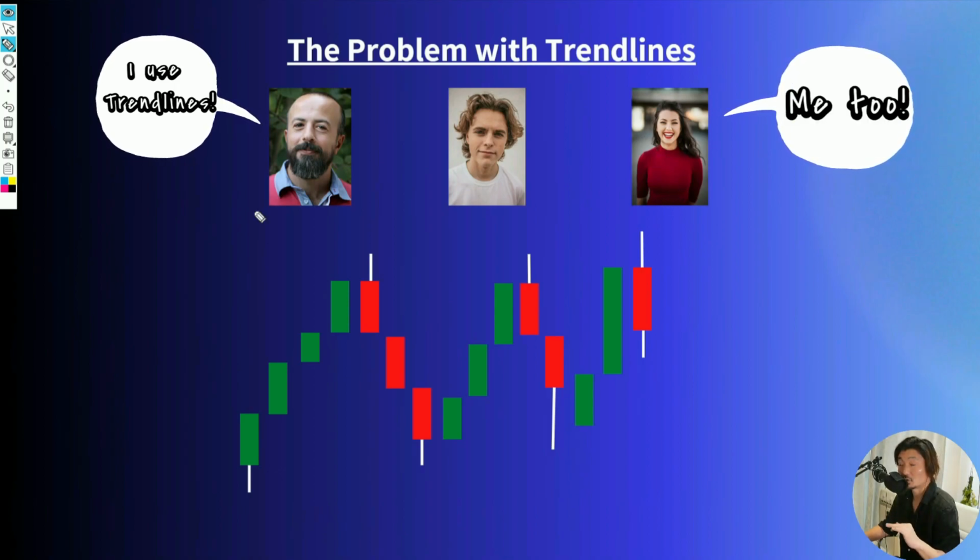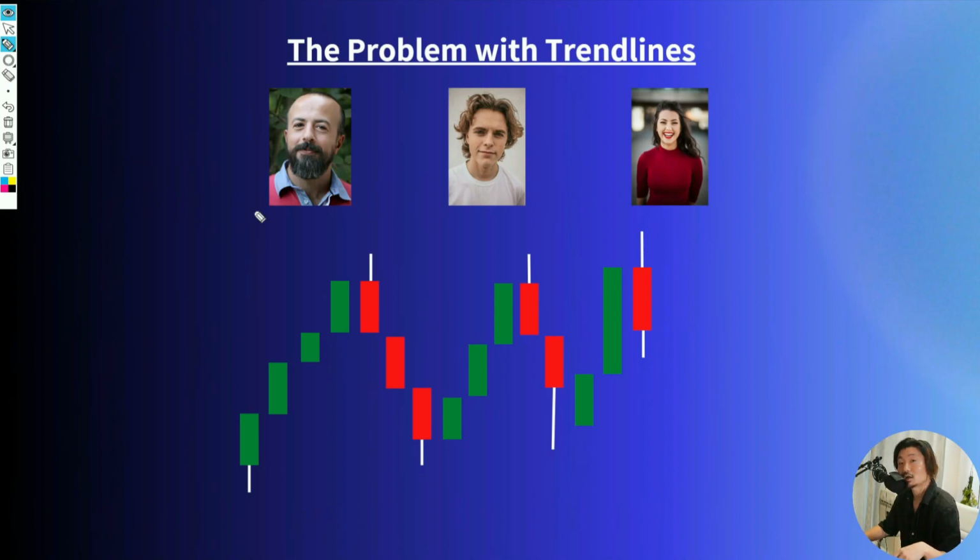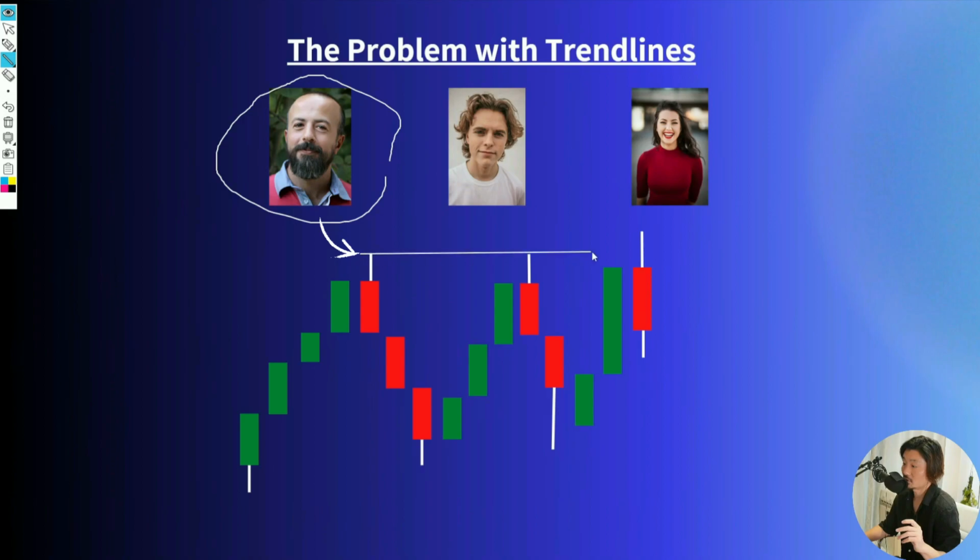Now, since there is no universal definition of what constitutes a legitimate trend line, each trader will likely have a different set of rules. So let's say this first trader right here attaches trend lines to the wicks of a candle. Okay, so let's say he would attach it to this wick right here, get a trend line. And the second trader right here, let's say he uses the bodies.